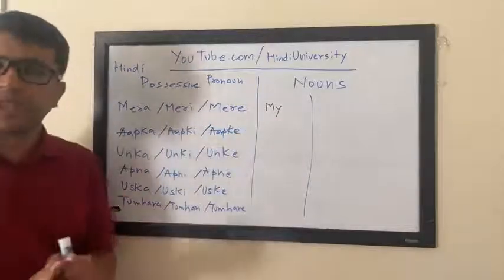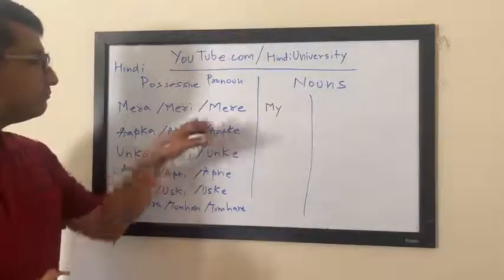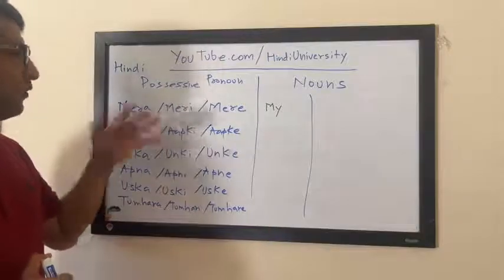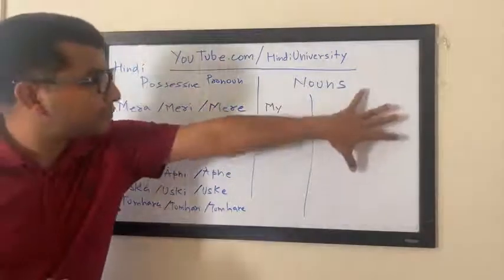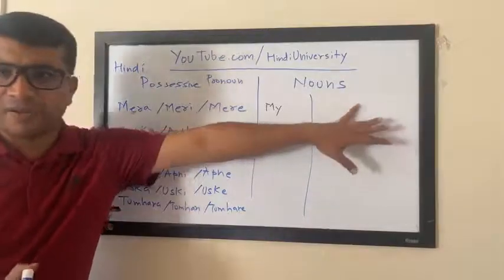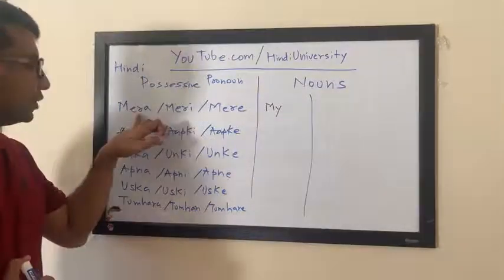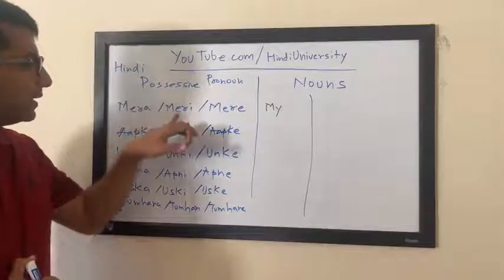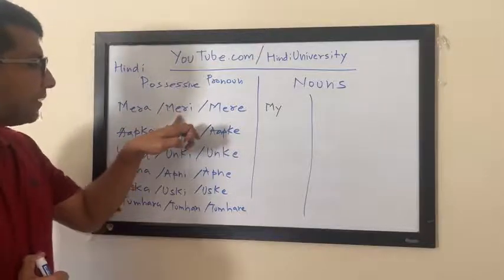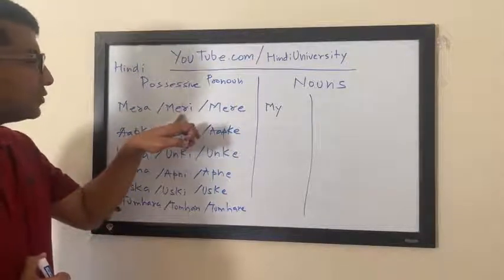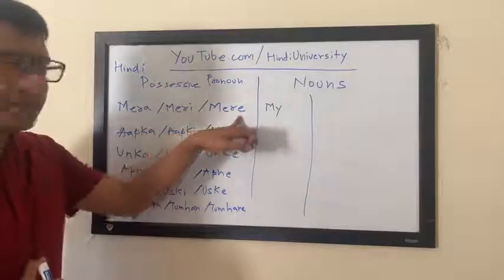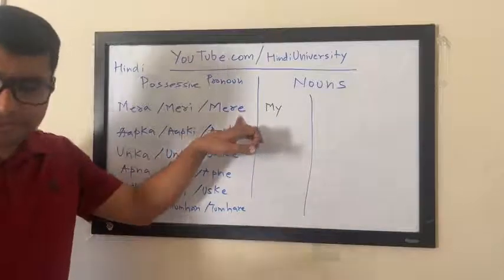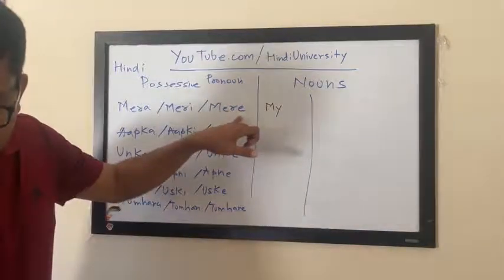In English, you have my, but in Hindi you have three forms of it. If the noun is masculine singular, you will use mera. You're saying if the noun is feminine singular or plural, you use meri, and if it is masculine plural, you will use mere. Did I summarize your point correctly? Yeah. Okay, awesome, great.